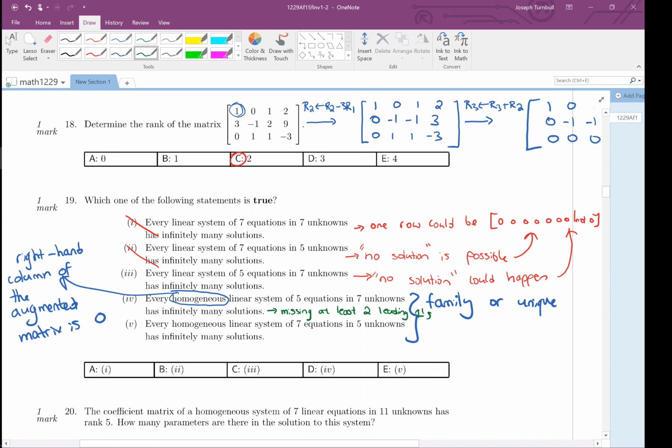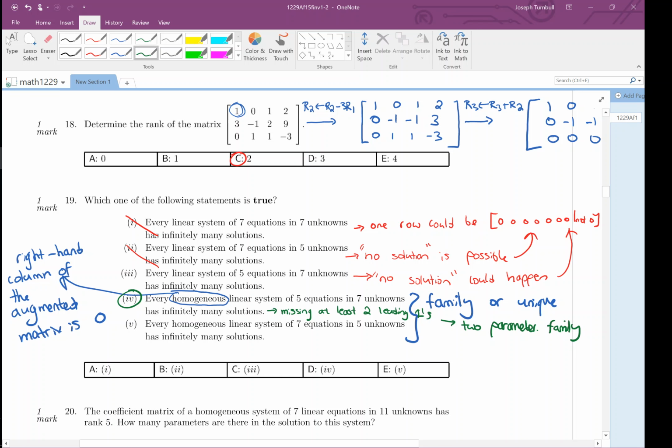That guarantees, because we've eliminated the possibility of having no solution, the absence of 2 leading 1s means we're going to have 2 parameters. So that's a family of solutions, an infinite number of solutions. So 4 is definitely true.